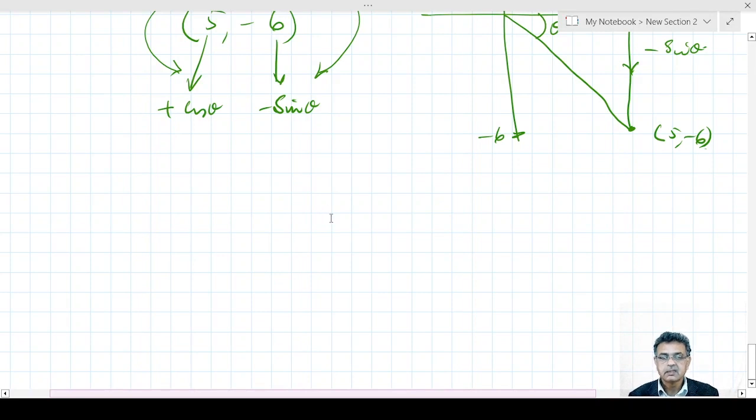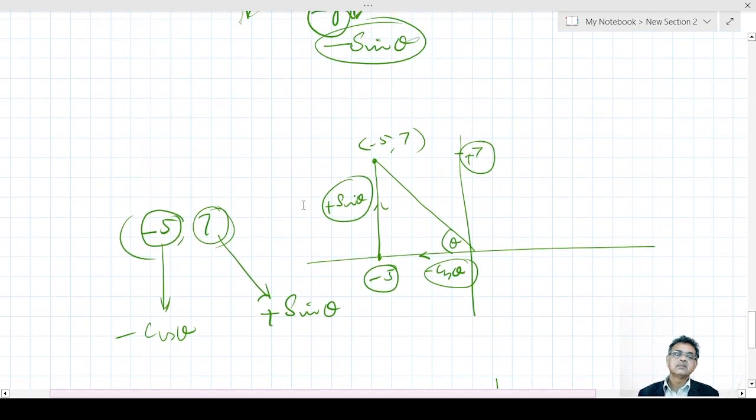Okay, now whenever you hear about sin theta or cos theta, I wish that you should have in your mind: sin theta means y-axis, cos theta means x-axis, and relate them regarding their signs. Where x is positive, cos is positive.